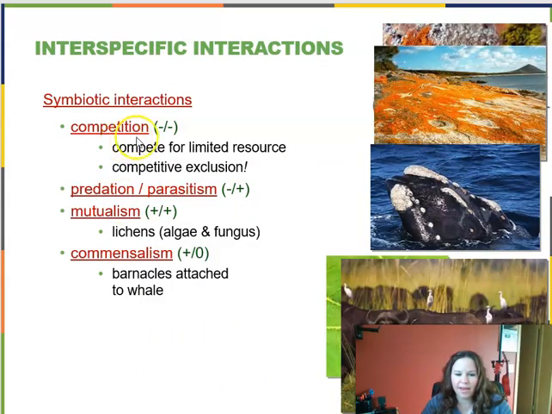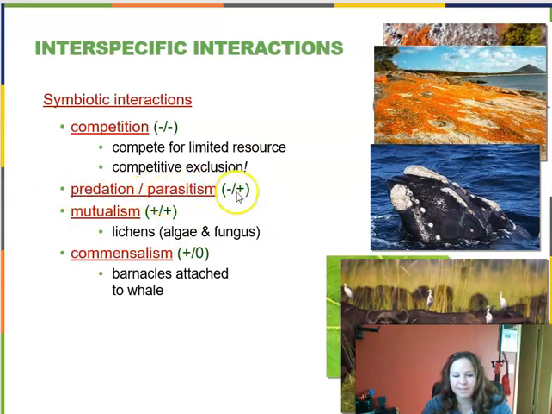So to summarize these symbiotic relationships, I added predation as well, but you get a minus with competition. There's a negative impact on both when there's competition and you're trying to go for a limited resource. That's competitive exclusion.